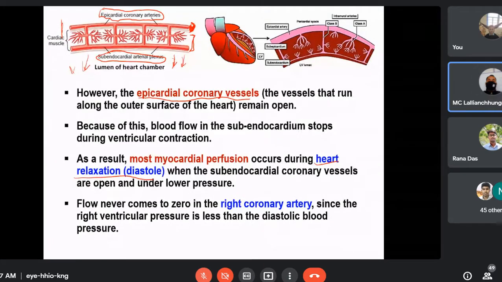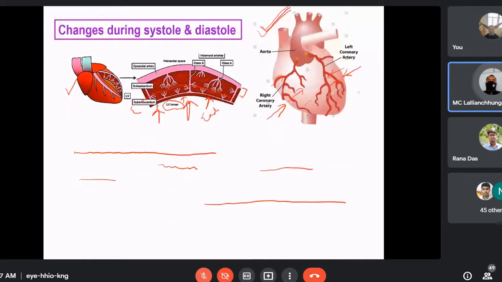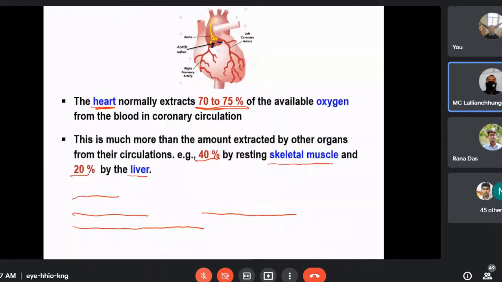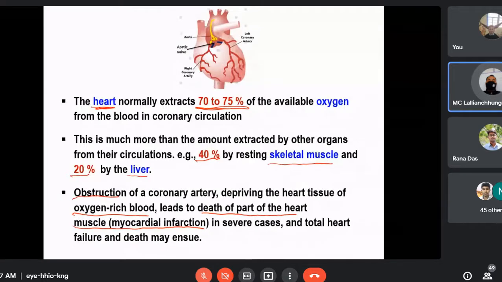Let's say we are talking about only the coronary circulation, that means the right and left coronary arteries, when relaxation of the heart is there. I've already shown you that the pressure in the aorta is now higher, and it will try to move blood towards the ventricles. But as I told you, this backflow of blood will be prevented by the aortic valve, so blood will not flow into the ventricles.